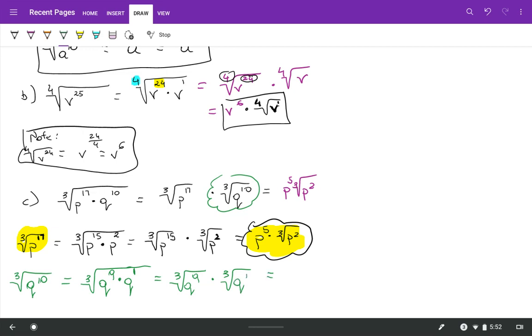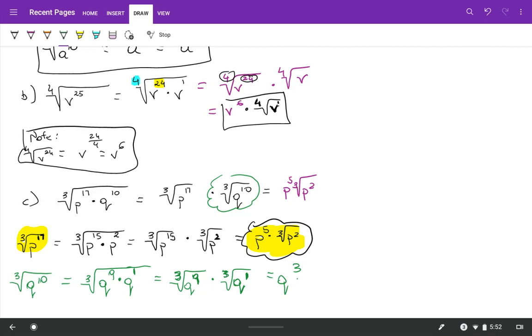So cube root of index 3, cube root of q to the power of 9 will be q to the power of 3. Again, what I did is 9 divided by 3, and I end up with 3. Now, cube root of q cannot be simplified because the power inside the radical is less than the index of the radical. So we cannot simplify.